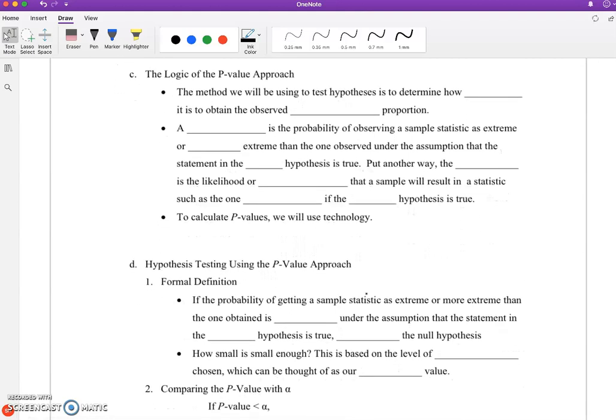We're going to use what we call the p-value approach of hypothesis testing. So let's talk about the logic of this approach. The method we use, this p-value approach, is to determine how likely it is to obtain the observed sample proportion.